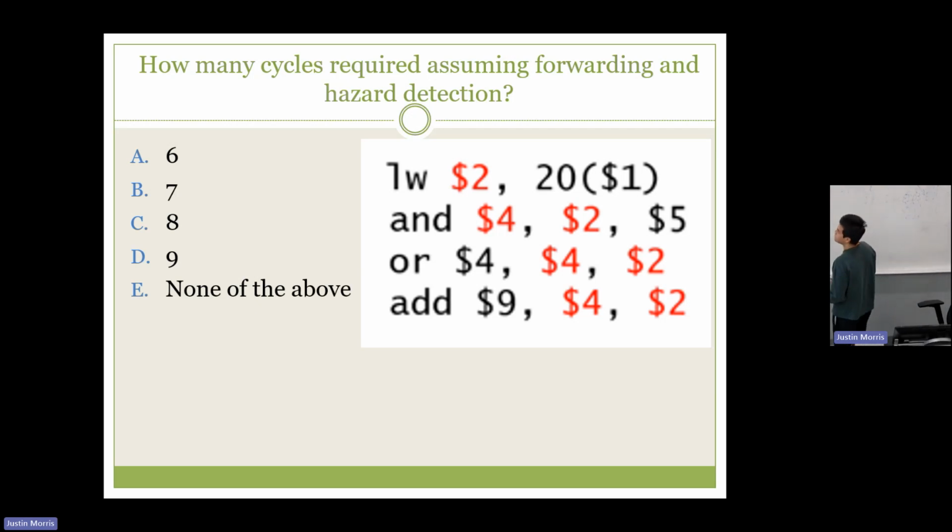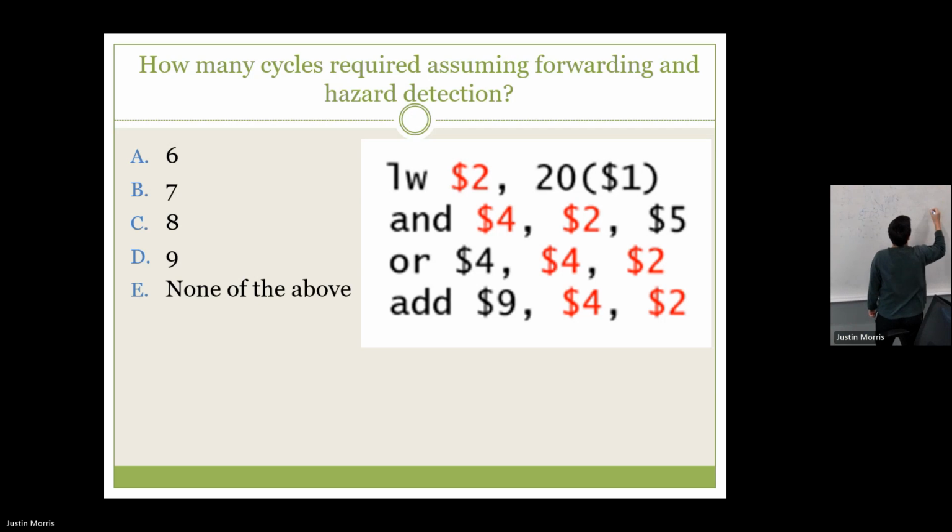But what we don't have is register 4, right? We read the incorrect register data here. We need the correct register data. So we need to forward. And this one goes to decode.